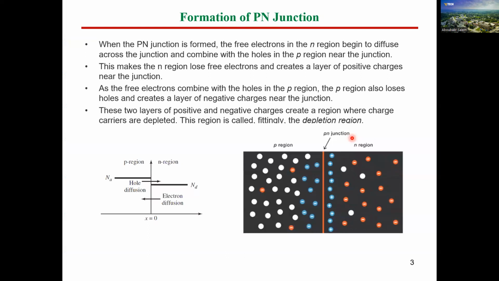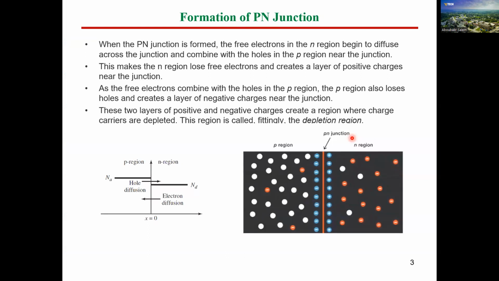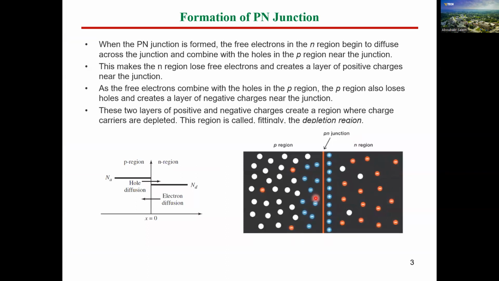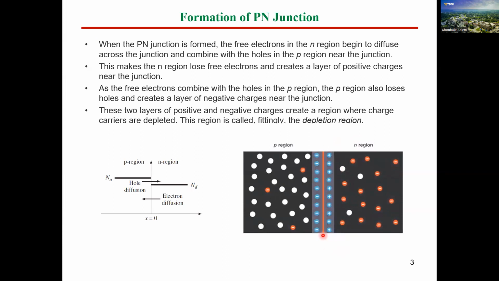So when you bring p-type material and n-type material together, in the middle you will have what's called a p-n junction. This junction is made because electrons will move from the n region to the p side, and at the same time the holes will be concentrated along with the electrons from the n region side.